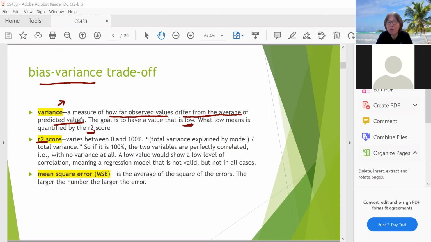So what is the R2 score? It is the total variance explained by the model over the total variance. If you recall, when we discussed PCA, we discussed the explained variance.